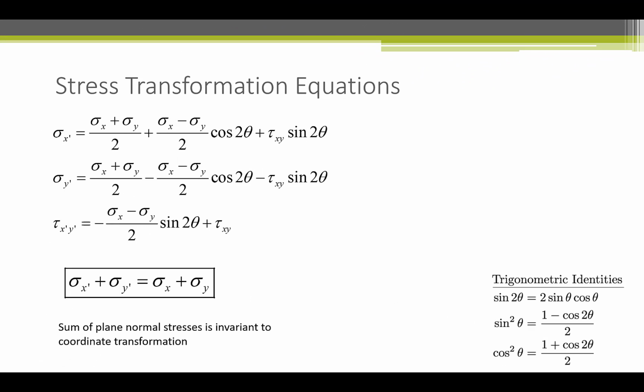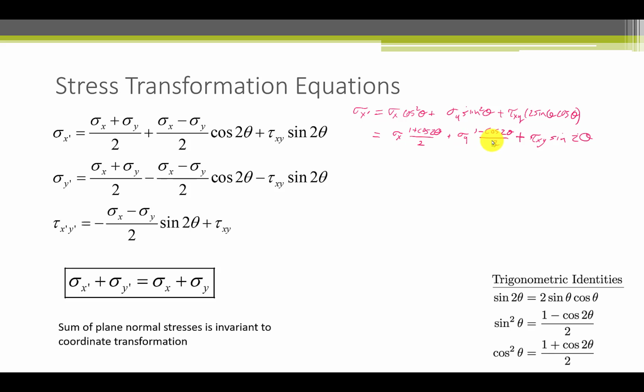In the last slide, we derived the equation for sigma x prime. That is the normal stress in the new coordinate system x prime, y prime. We'll now show how that's done. Recall from the last slide that we had sigma x prime is equal to sigma x cosine squared theta plus sigma y sine squared theta plus tau xy times 2 sine theta cosine theta. You can see that from these trigonometric identities we can substitute. For cosine squared theta, we can substitute this expression in here.